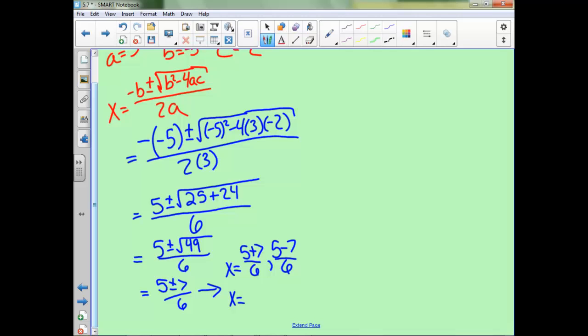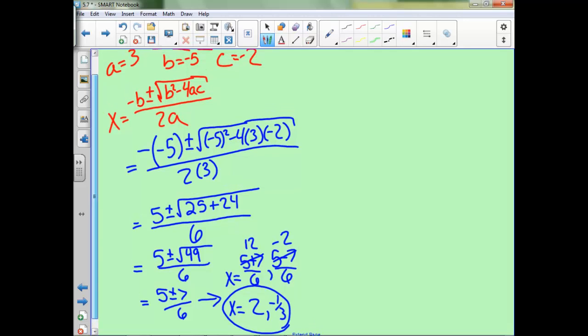So 5 plus 7 is 12. 12 divided by 6 is 2. 5 minus 7 is negative 2. Negative 2 over 6 is negative 1/3. This is one where we could have factored.